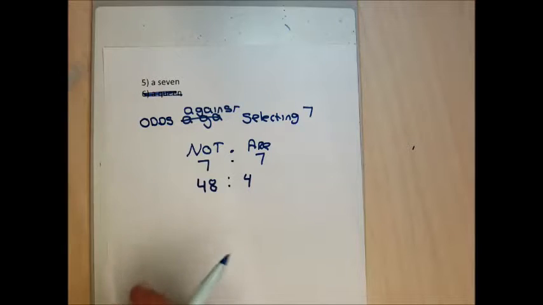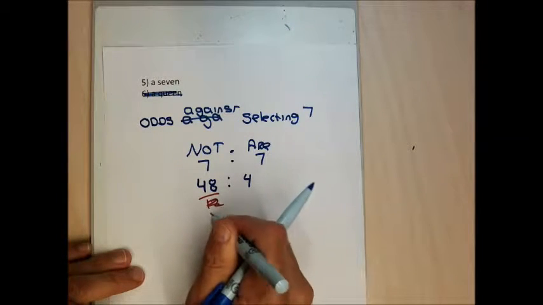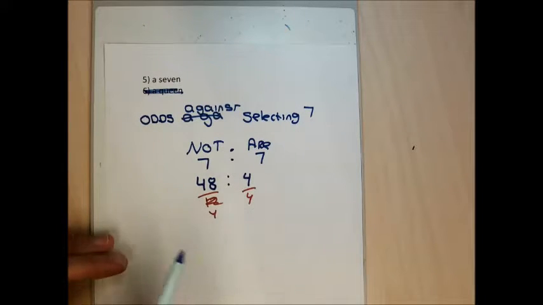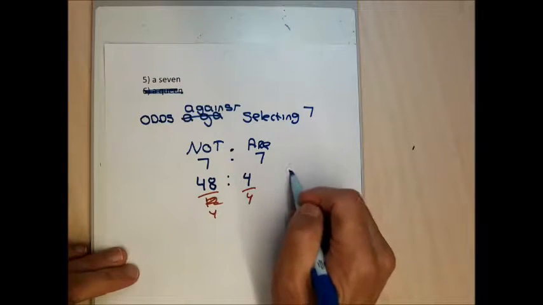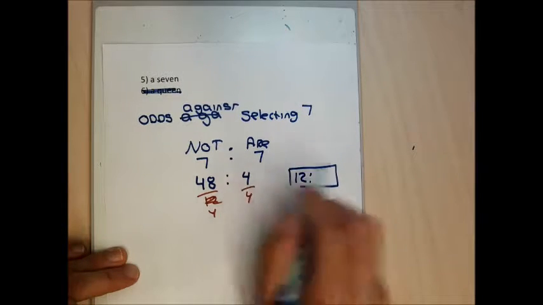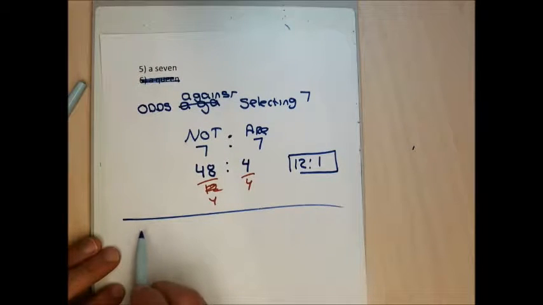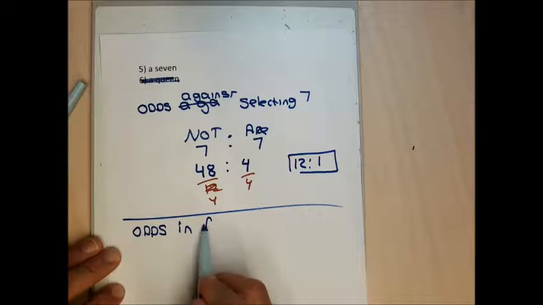And then I'm going to divide by 4 and divide by 4. For my odds against selecting a 7, 48 divided by 4 is 12, 4 divided by 4 is 1.